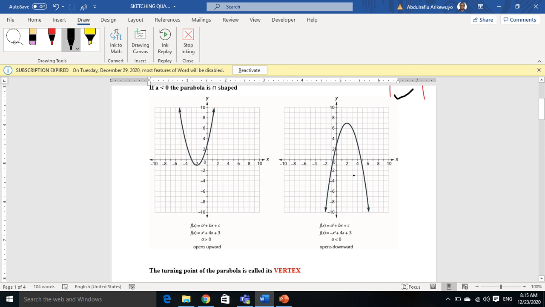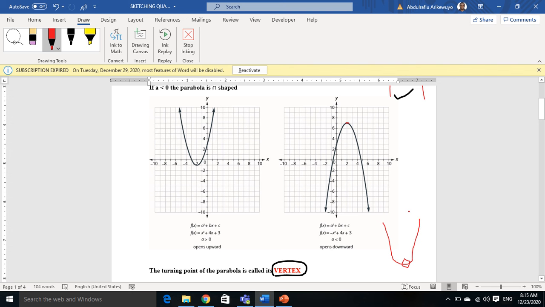Okay, now before we go to take examples, let's talk about what is a vertex in a parabola. A vertex is a turning point like this. A vertex is a turning point, this place. You know, if you are drawing the parabola, you get to a point where you have to turn like this. So this point of turning is called a vertex, right?